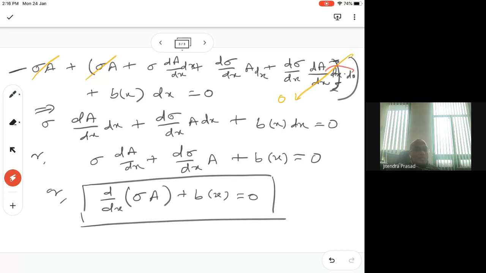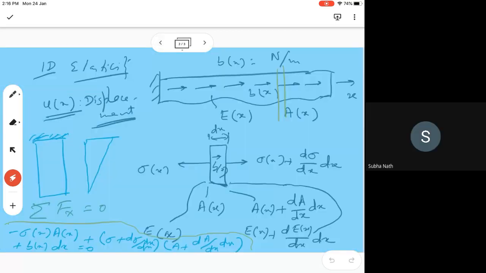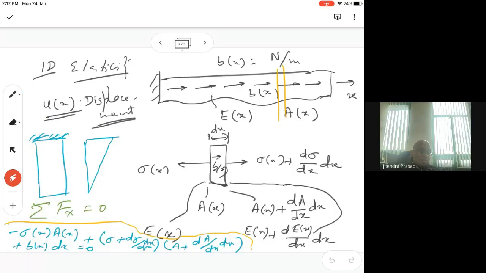Here the whole term is 0, not this is 0, not this is 0. dx times dx is there, right? So the last term, if you see what happens, is d sigma over dx multiplied by dx, and this will be multiplied by dA over dx multiplied by dx.